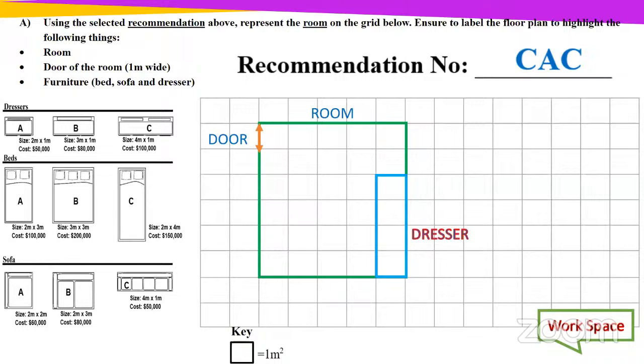Yes. What's the next furniture that we're going to be placing in the room and where should I place it? The bed. Where do you want me to put the bed? Let me bring in the bed. All right, Cassandra, look at our bed. Does that meet the requirement in terms of the size?